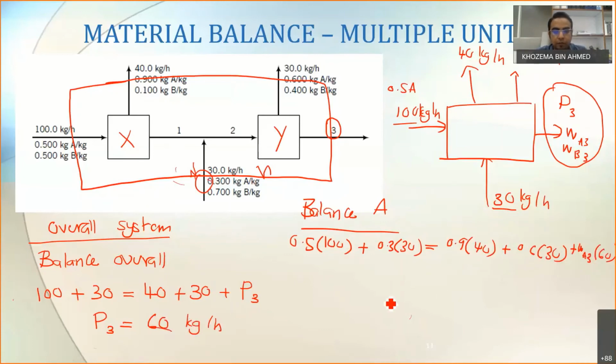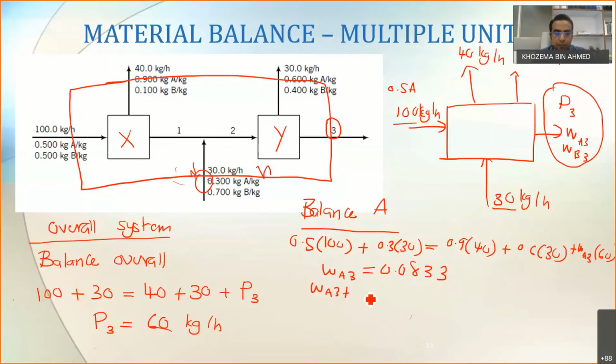If I solve this, I'll get the value of WA3 is around 0.0833. This is my weight fraction.